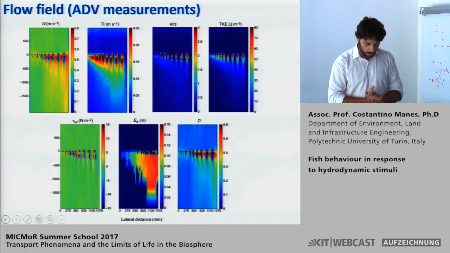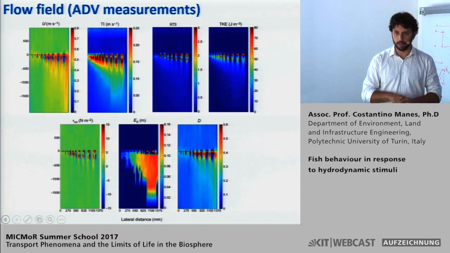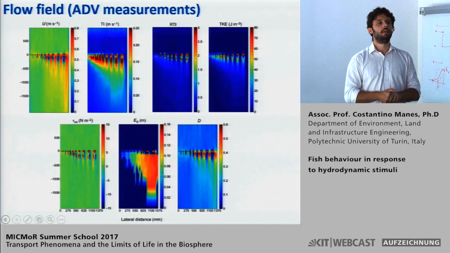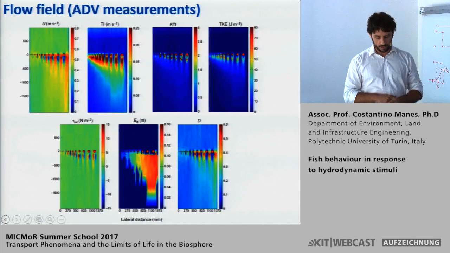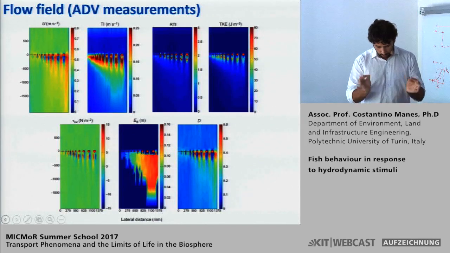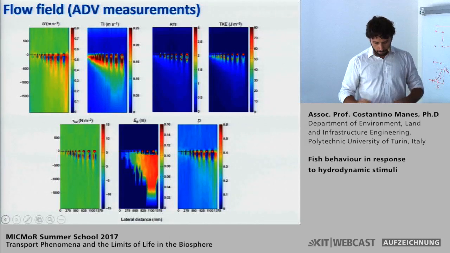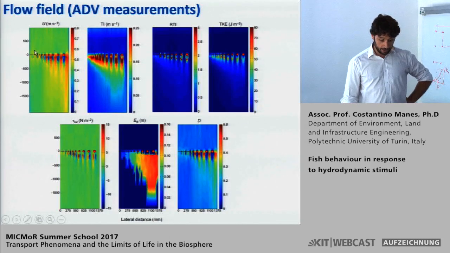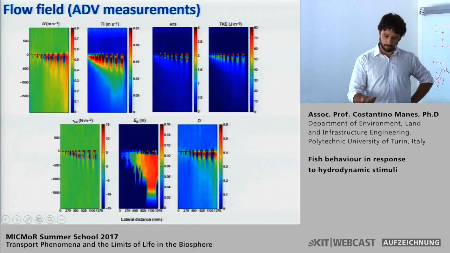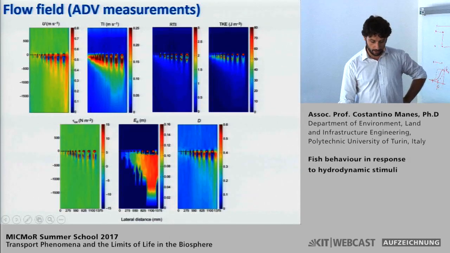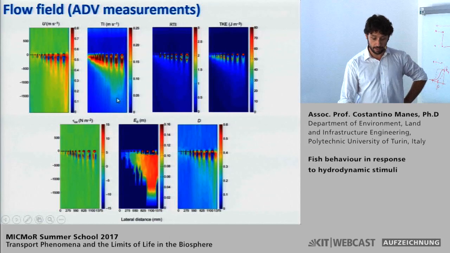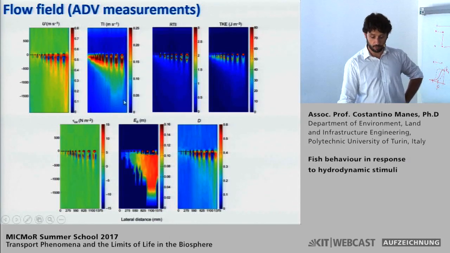within the near wake zone, so we could estimate the size of the eddies by means a little bit more careful. And as you can see, it's a fairly rich hydrodynamic domain: you have different eddy sizes, regions with high velocities, low velocities, high turbulence intensity, so high velocity fluctuations.